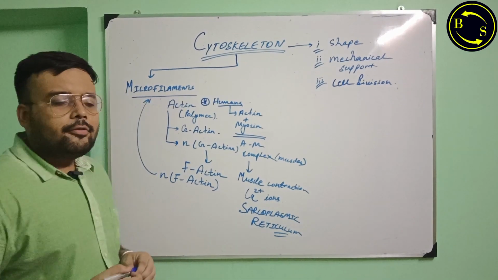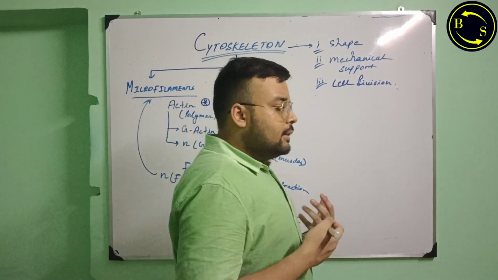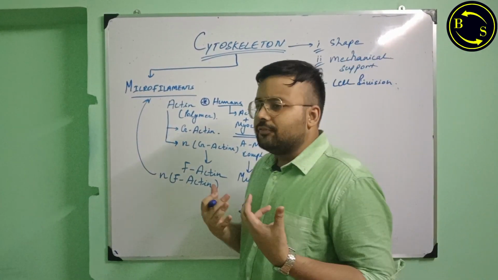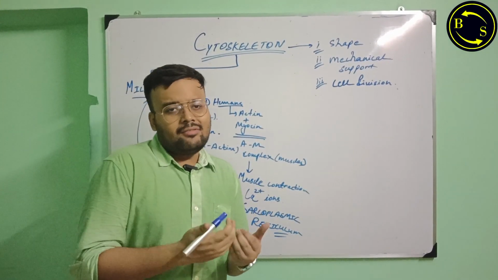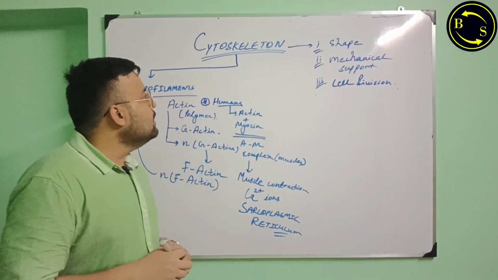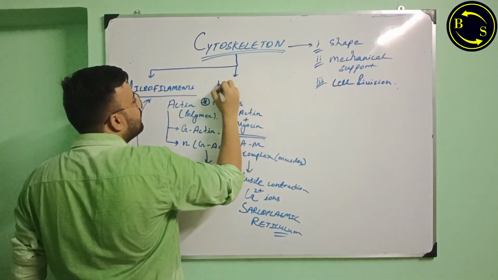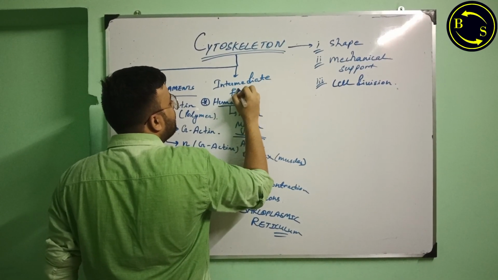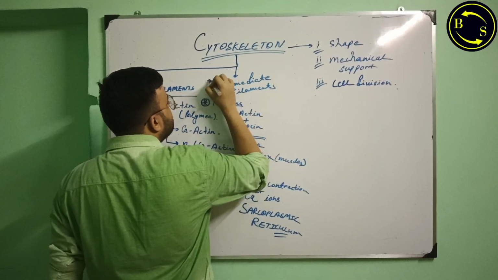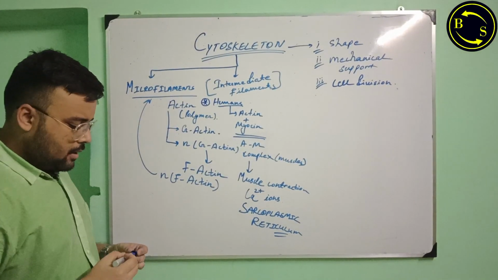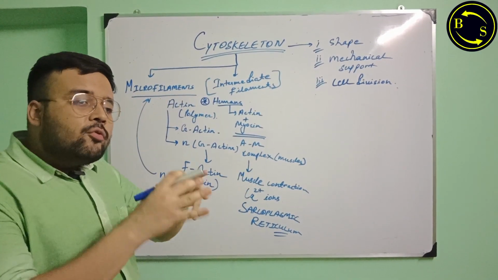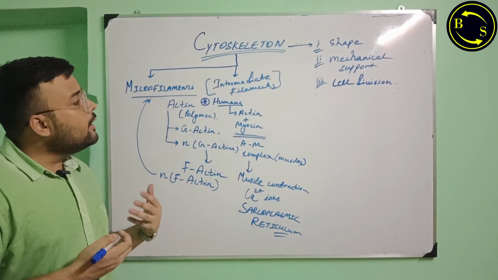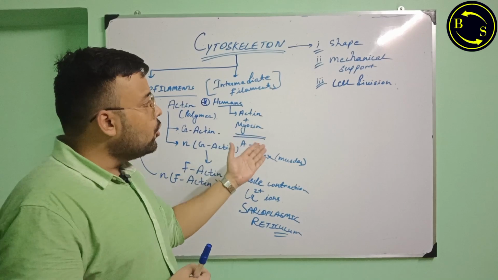Another thing that we have are the intermediate filaments. Now, there are 50 types of intermediate filaments, and they perform various functions that are not very important in our syllabus, but we should know that the intermediate filaments help in various movements of the protoplasm, help in the diffusion and osmosis of the protoplasm, and also provide structural shape and support to the cell.